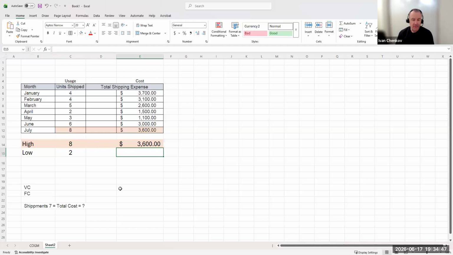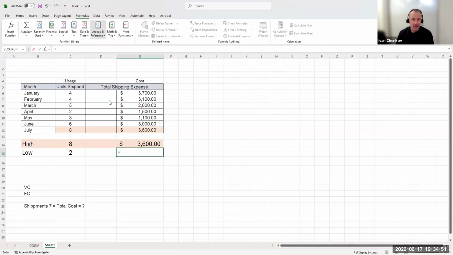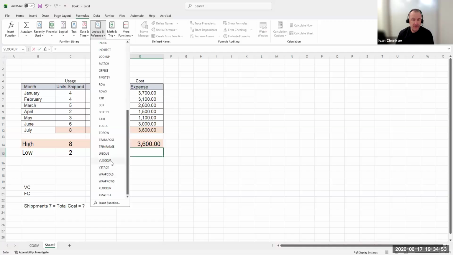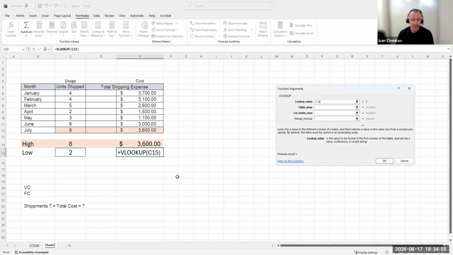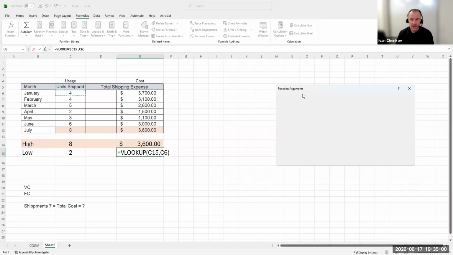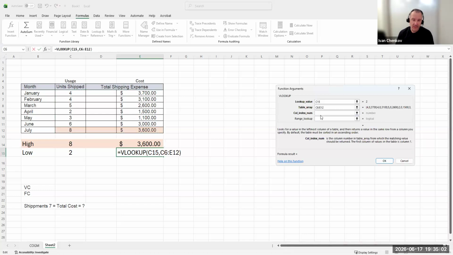Next thing that I'm going to do, I'm going to apply the same formula here with the vertical lookup. That vertical lookup should look for value 2, where the usage is 2 on this table. Once I find number 2, I want to extract the information from the third column, because columns are 1, 2, 3.